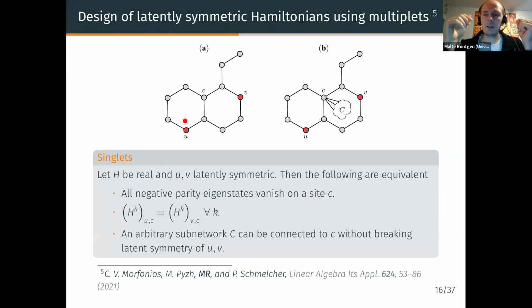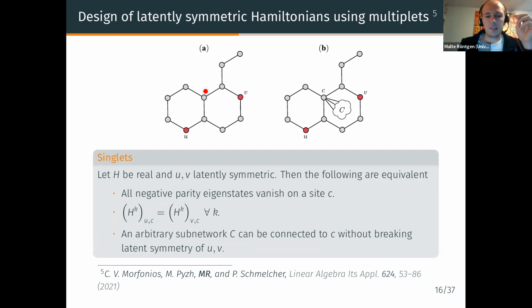Now we can come back to what I said earlier about interference. Let's say we excite the 2 sites U and V with amplitudes plus and minus 1. So we do an anti-symmetric excitation of those 2 sites. What will happen in time? Well, we have some time evolution operator, e to the power iHt, which will be applied on our vector.